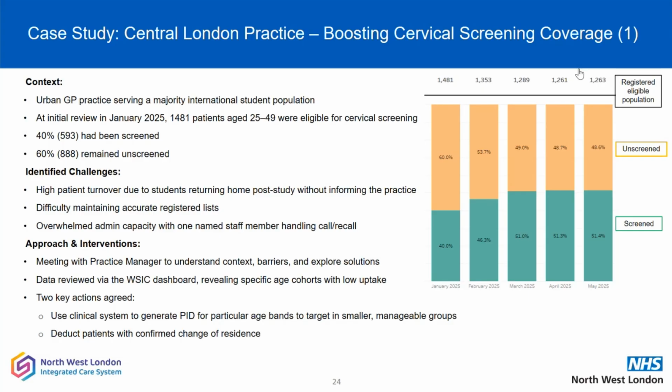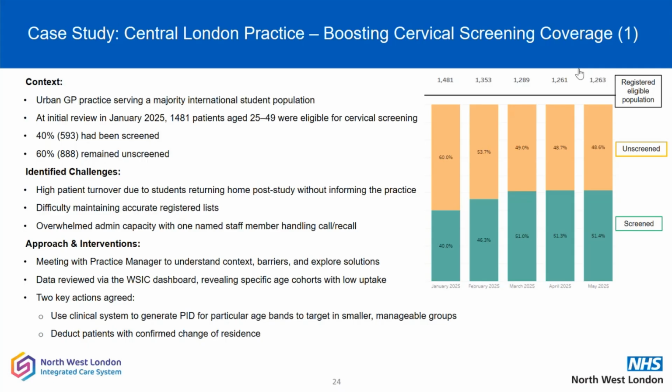Back in February of this year, the dashboard was demonstrating that they had just over 1,400 patients aged between 25 and 49 eligible for a cervical screen, but only 40% had been screened, leaving 60% unscreened. To put that into context, the ask of the ICB is that we should be at 60%. The ask nationally is that 80% of our eligible population should be screened.